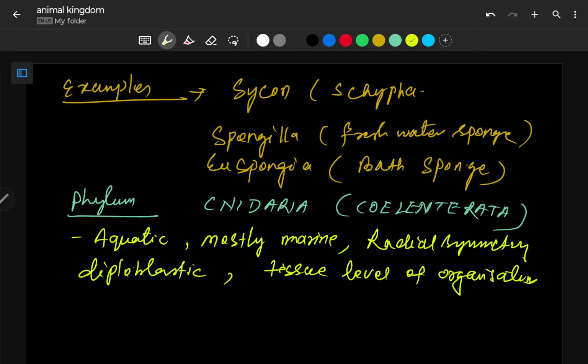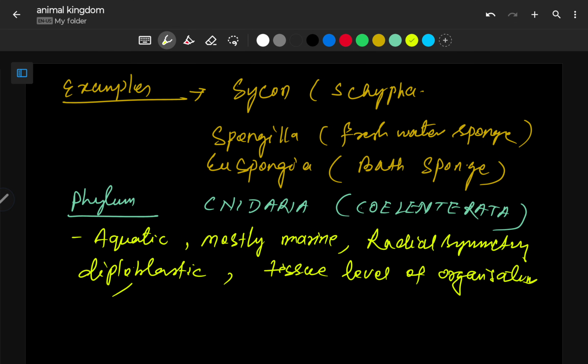Okay, so that means the cells are aggregated together to form the tissue, and that tissue performs the specific function. Okay, now here, can you say Hydra is marine or freshwater living? Yes, Hydra is freshwater living. Okay, now come to what are the two layers.